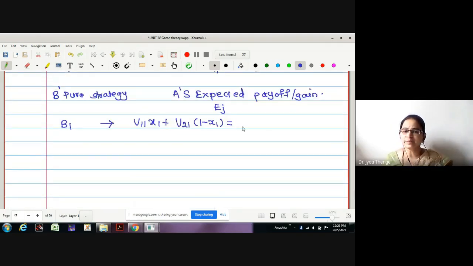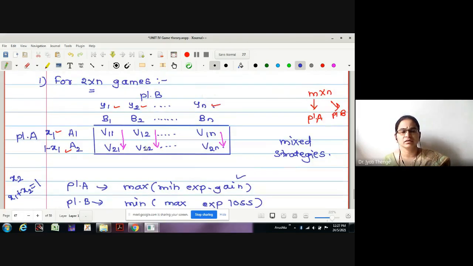Okay. Now let me simplify by taking x1 in common. If I take x1 in common, what are the coefficients? (V11 - V21) x1 + V21. Is it okay? Similarly, if B chooses the pure strategy B2, what will be A's expected gain?